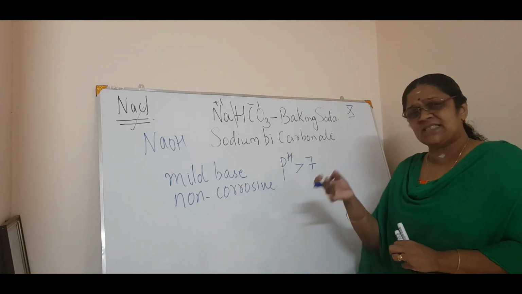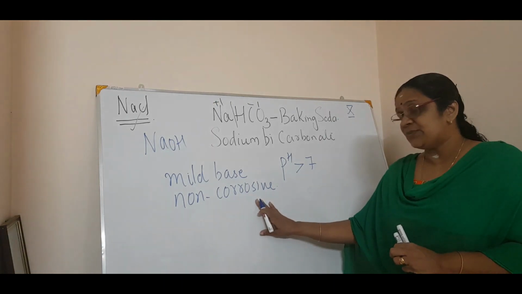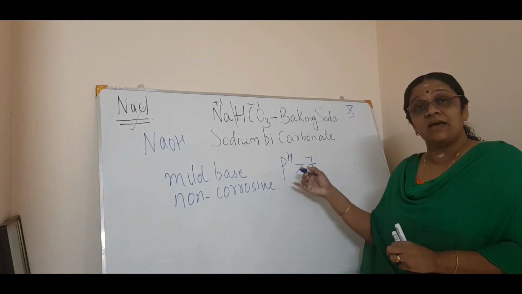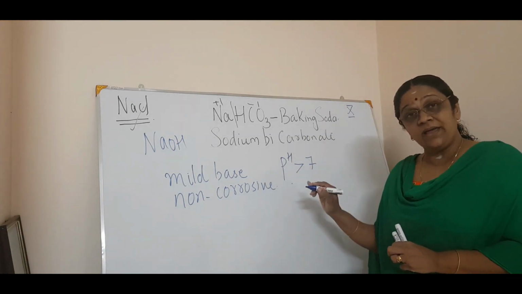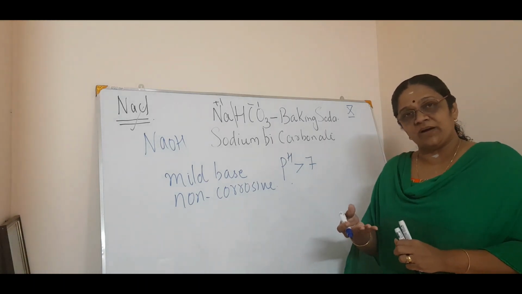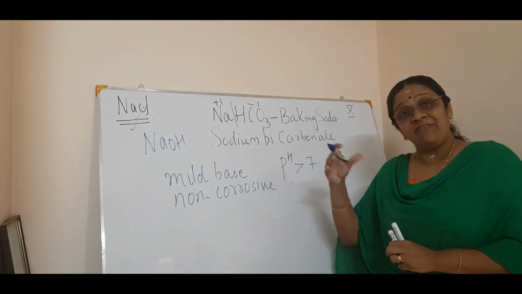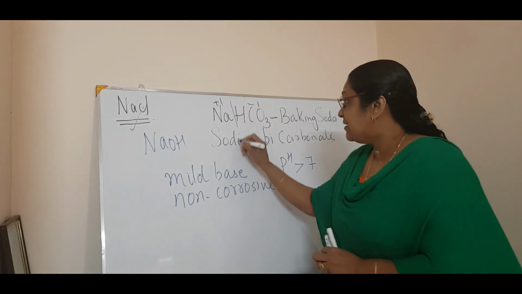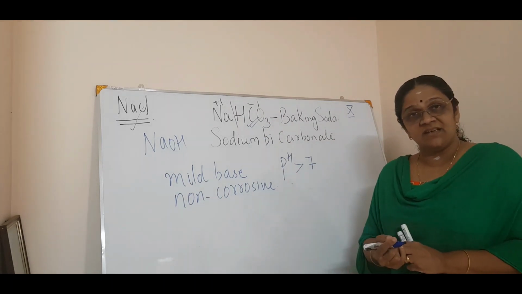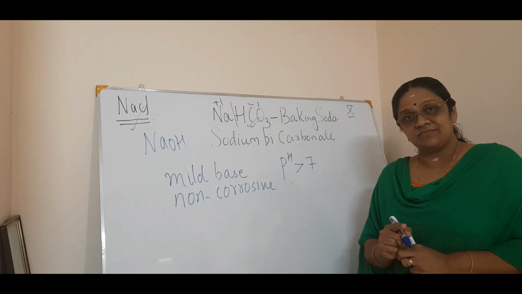That is, the pH is slightly above 7. Since it is a base, it can neutralize an acid. That is why it is used in antacids, isn't it? When acids are generated in the stomach, the pH will be very, very low. For that purpose you have antacids. In antacids, normally sodium bicarbonate is used as one of the ingredients. Why? Because it is a base, it can neutralize the acid.